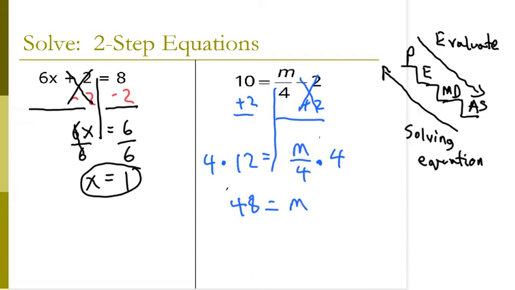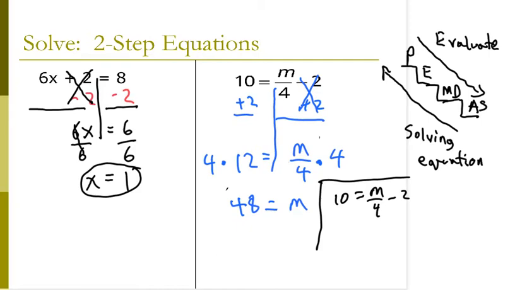So if we took that same equation, let's see if I could do it over here. 10 equals m over 4 minus 2. Let's say that we wanted to eliminate this divide by 4 first. What we could do is multiply all of this side by 4 and all of this side by 4, and here's what it would look like.